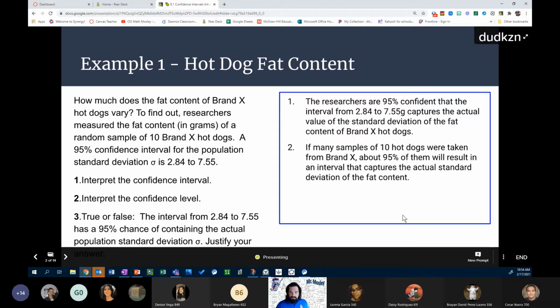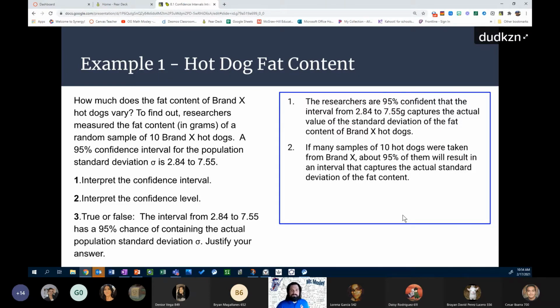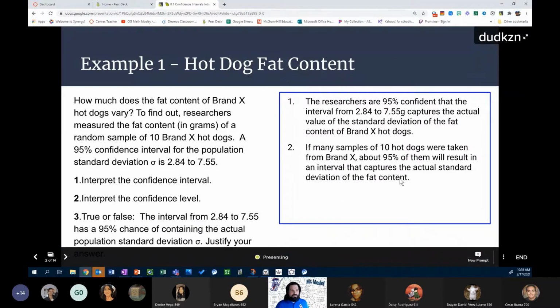Interpreting the confidence level: if many samples of 10 hot dogs were taken, or if we repeated the sampling process over and over again, about 95% of them will result in an interval that captures the actual standard deviation of the fat content.